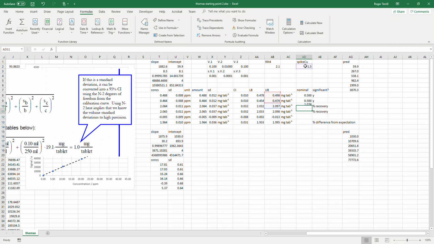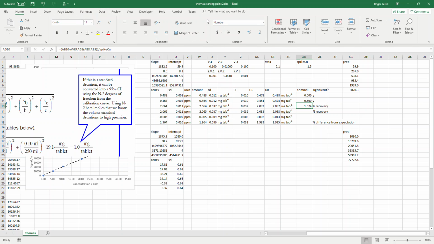And now we're going to format that as a percentage. We'll just use the percentage key, right? It's 107% recovery there, so that's not bad, right?